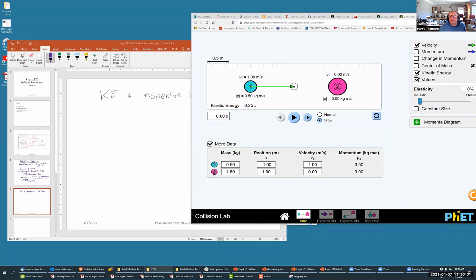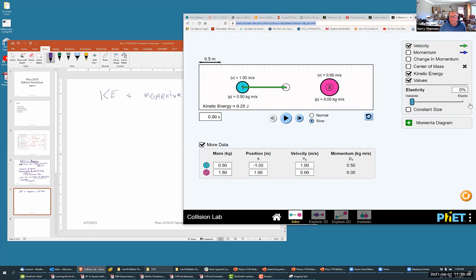And so we can set it to being an elastic collision. And see what I've done. I've set the mass of the little one to be 0.5 kgs.